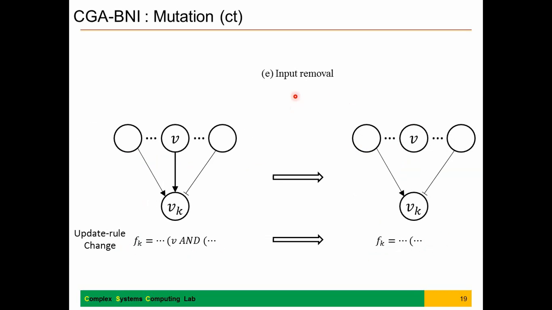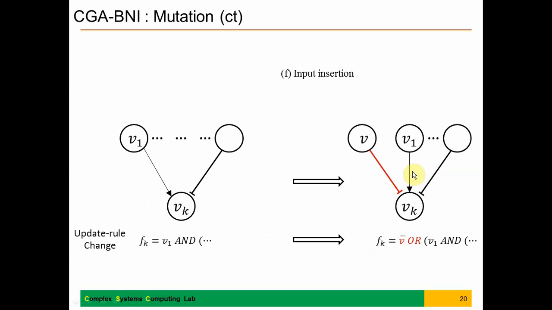The next is input removal. Here we simply remove an interaction. And input insertion, we insert a new interaction at the first position. For example, here a new input in the first index.